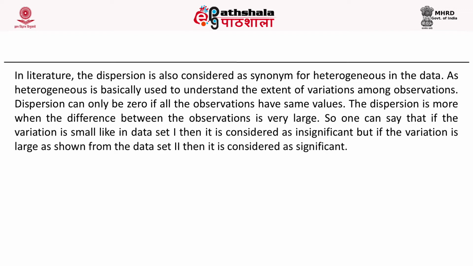Dispersion can only be 0 if all the observations have the same values. The dispersion is more when the difference between the observations is very large. So one can say that if the variation is small, like in data set 1, then it is considered insignificant, but if the variation is large as shown in data set 2, then it is considered significant.